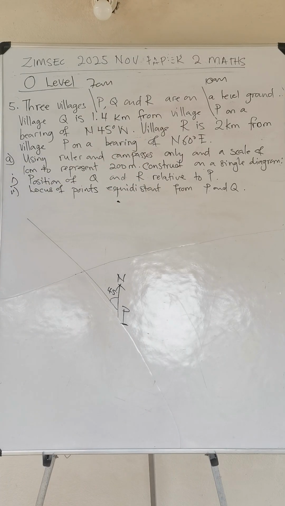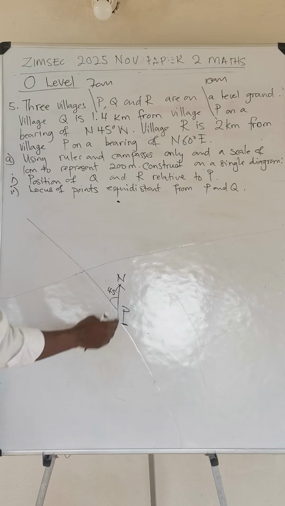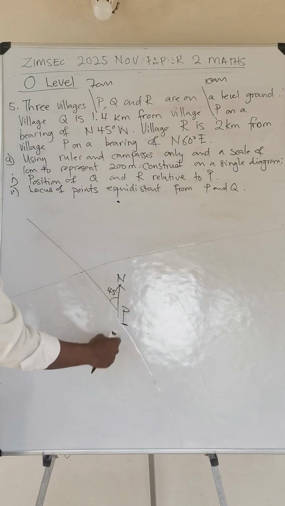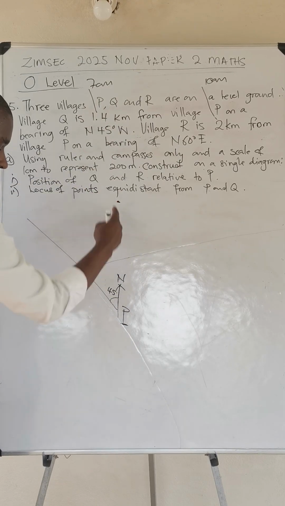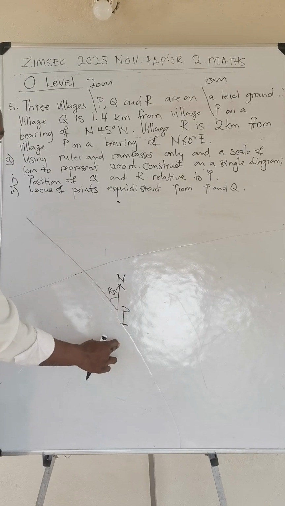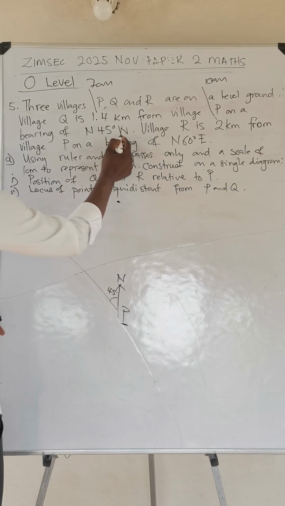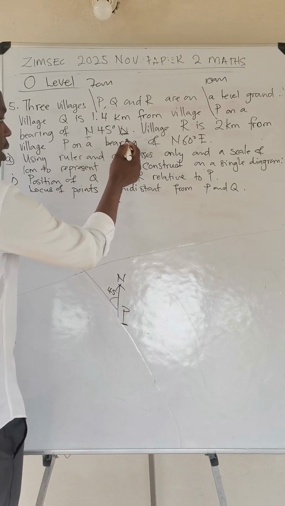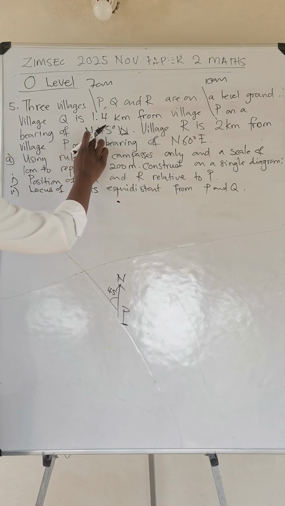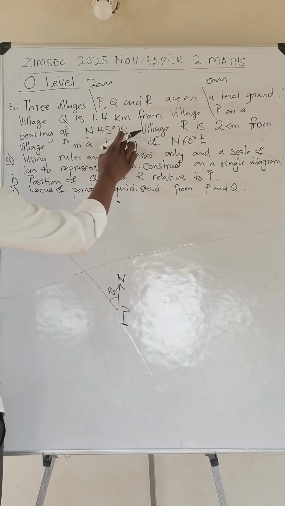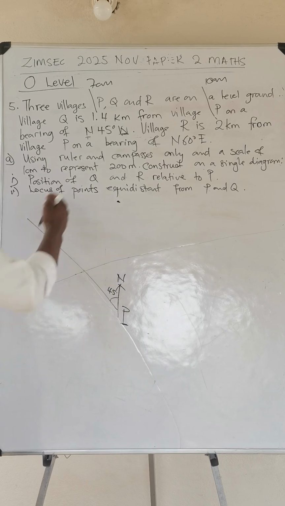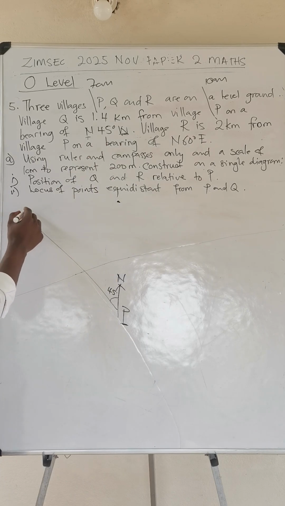It measures the direction from this north-south line. It can be anti-clockwise or clockwise, depending on these symbols, north and west. So this is north 45 degrees west. This is the western side. So this is our point Q.